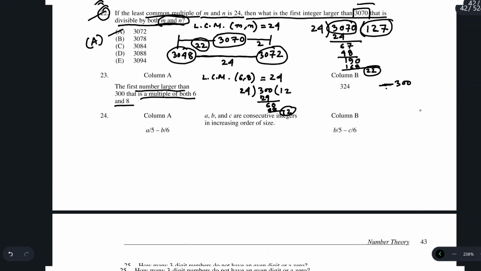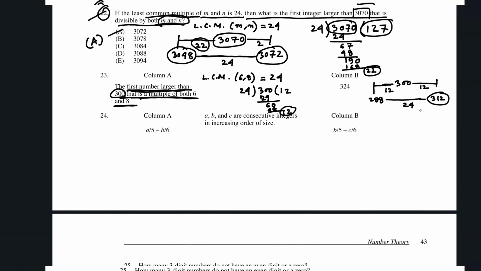If we subtract 12 from 300, we reach a number that is divisible by 24, which is 288. And if we add 24 to 288, we reach 312, which is the next number that is also divisible by 24. So the first number larger than 300 that is a multiple of both 6 and 8, a multiple of 24, is 312.